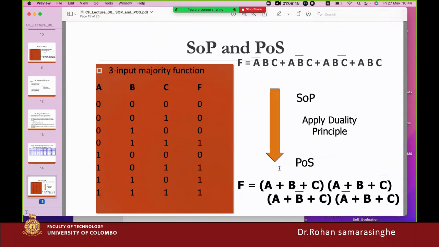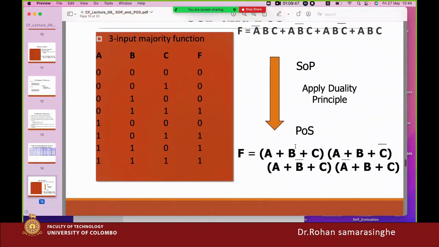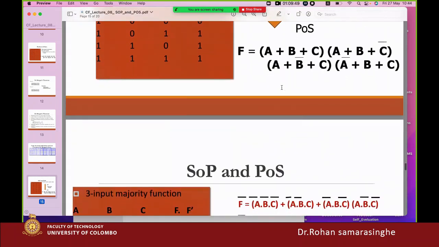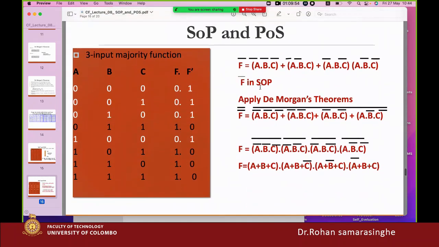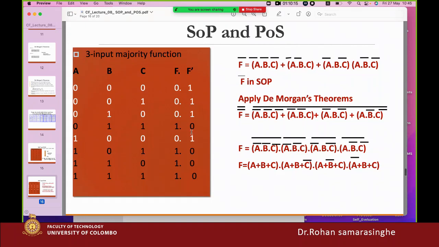Let's try how to do this, the product of sum from the sum of product. So put these bar values on ABC, and F dash is F dash.